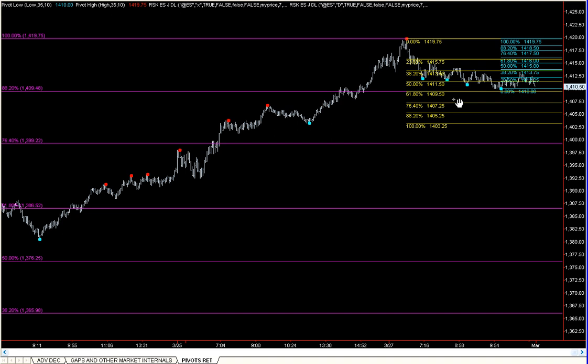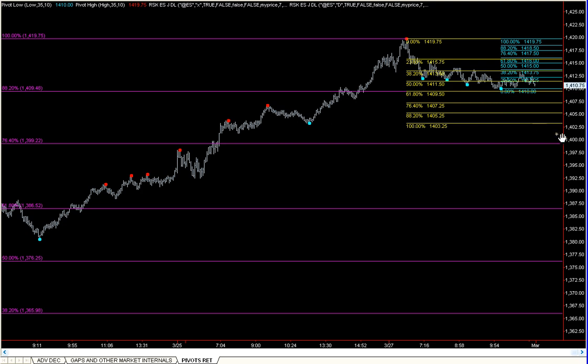So are things going to happen at that number? I don't know, but I think there's a strong probability. So taking a short and holding it, hopefully without getting stopped out, down to 1409.5, pretty good shot. That's going to happen.